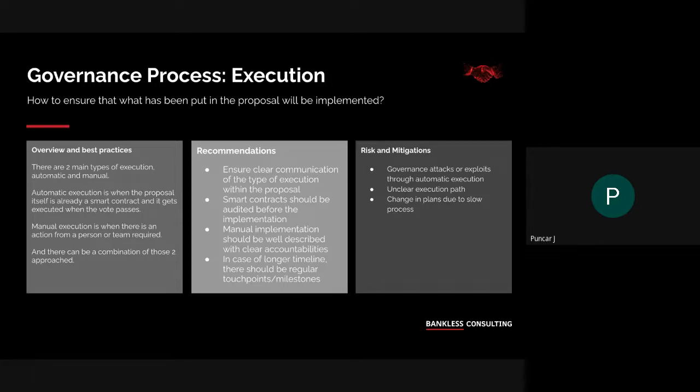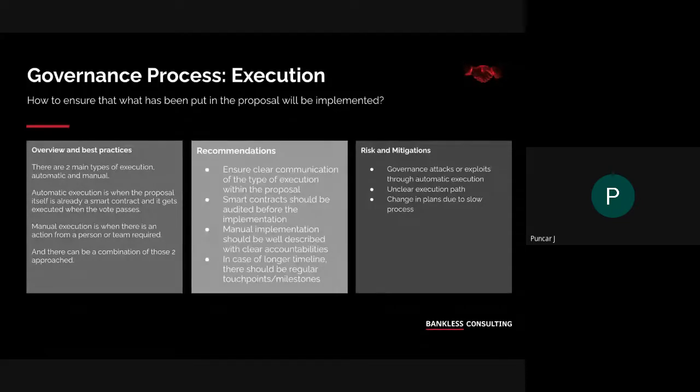Yeah, so one last thing I see is the timing again. It's hard to ensure execution on very long timelines. If I submit a proposal that I will do something within the next 12 months, people will definitely forget what I have actually promised, and it will be hard to check that everything in the proposal has actually been executed.